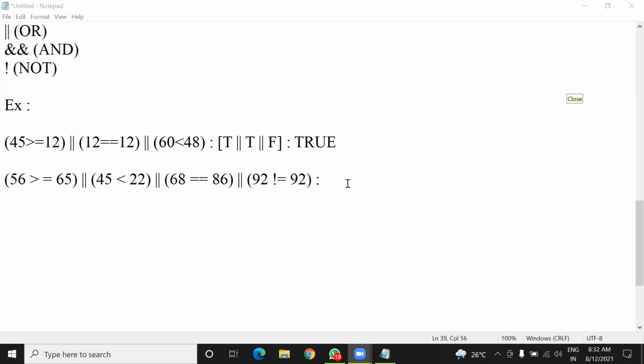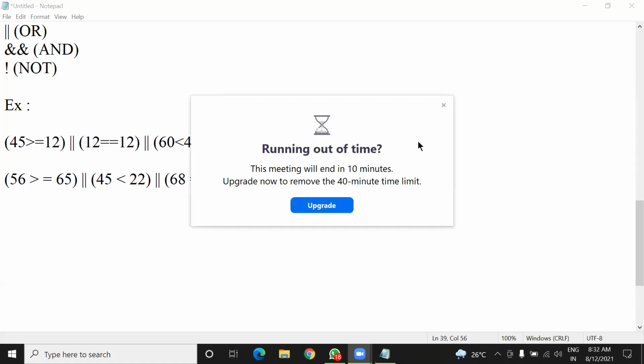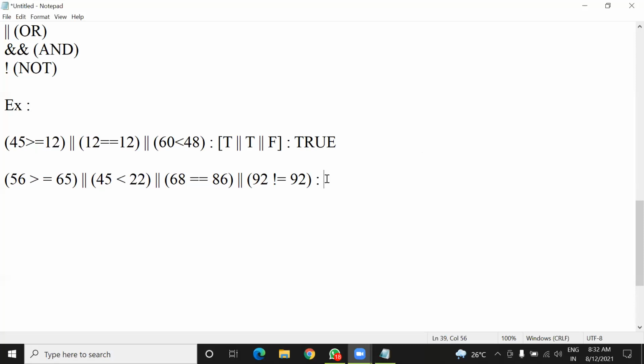Yes, Abhinav, you explain. Sir, because all the results of these relational expressions are false, and the overall result will be false. Yes, since when you evaluate each relational expression, you will get a false value.